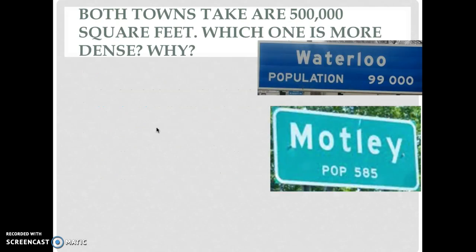Okay, all right. Now we are going to take an example. Here are two towns. One is Waterloo. The population is 99,000, and both towns take up 500,000 square feet. The area is the same. Which one is more dense and why? So here is the claim: the city of Waterloo is more dense.